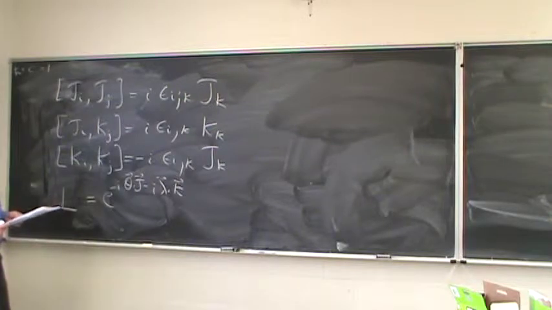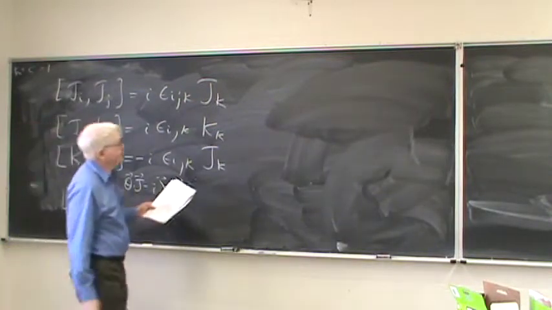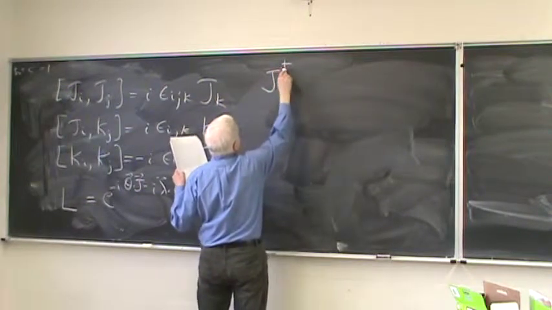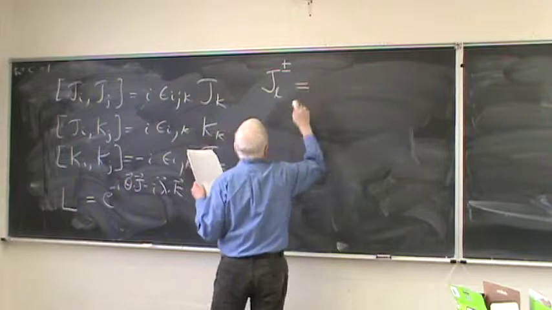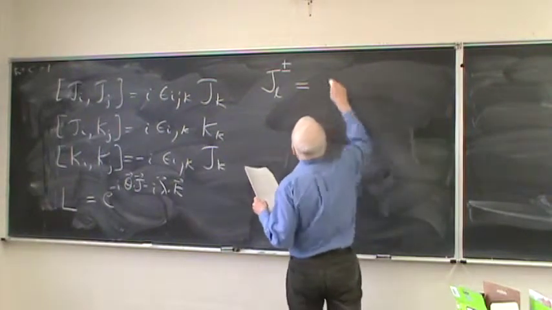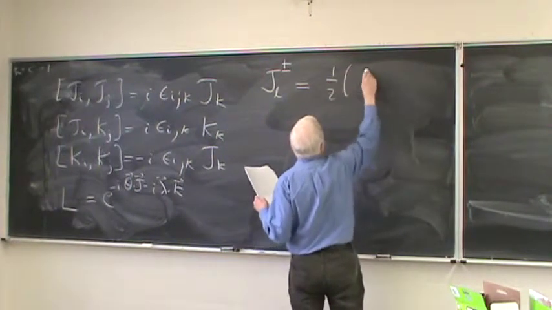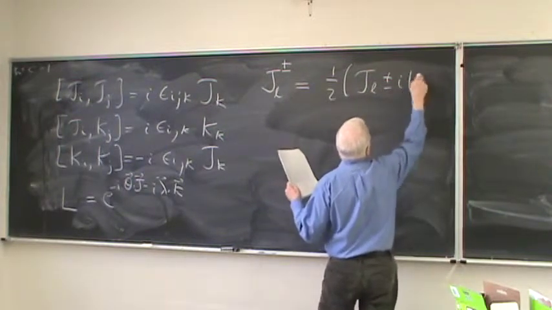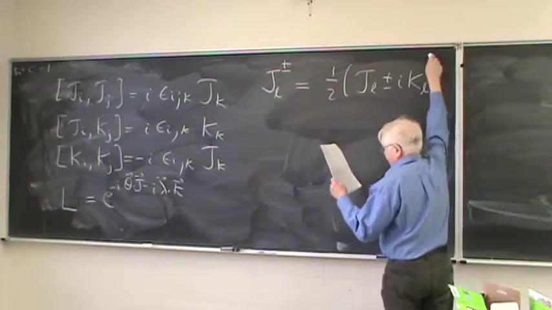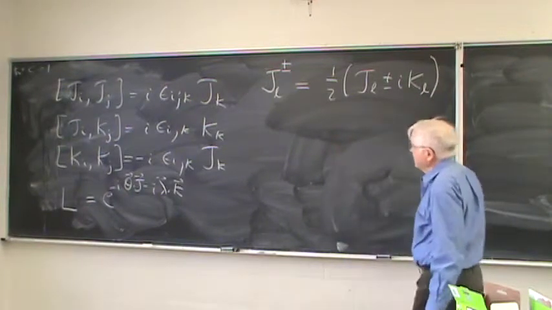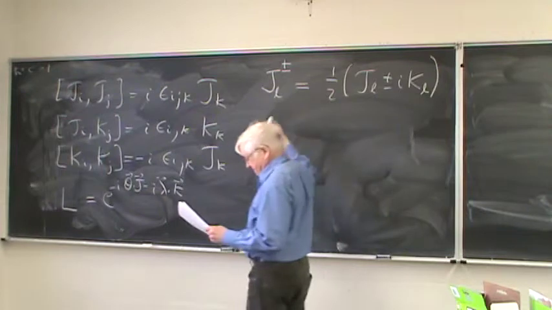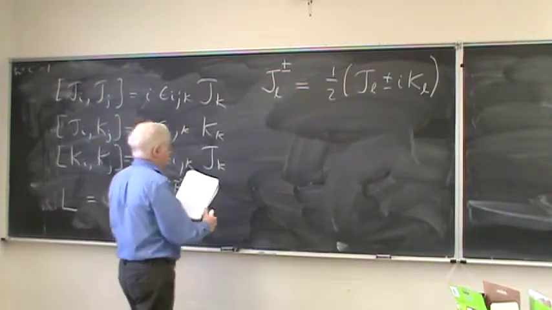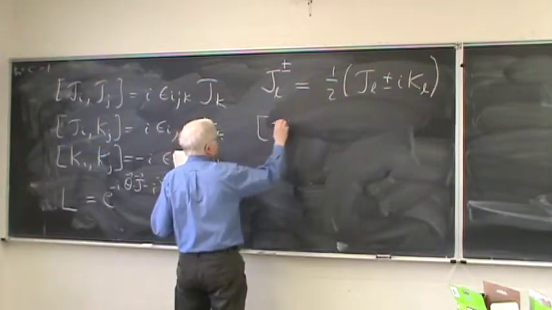The remarkable thing, though, is that if we define the operators J plus or minus as a half the angular momentum part plus or minus i times the boost part, then these J plus or minuses obey very nice commutation relations.